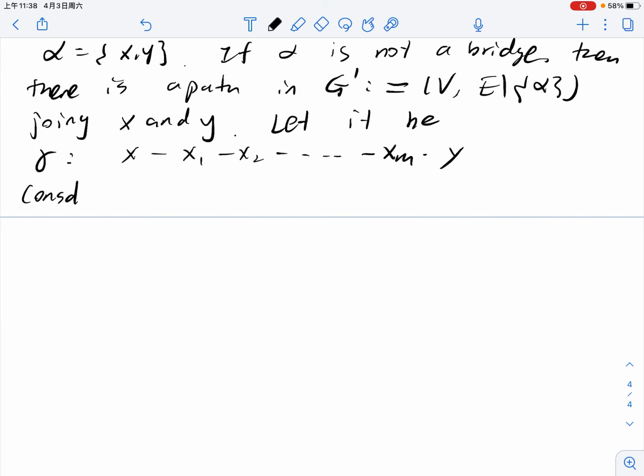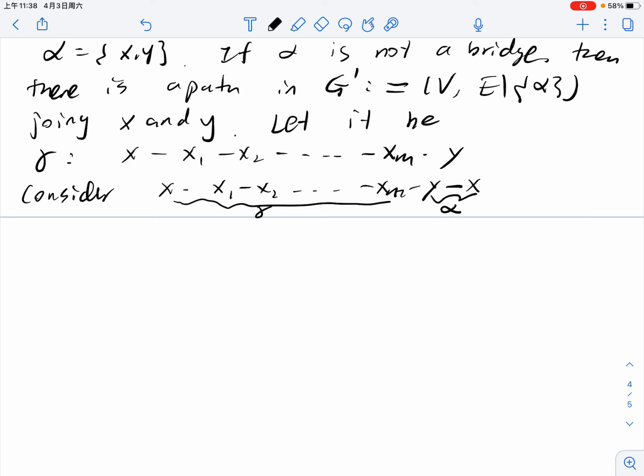Then consider x, x1, x2, and so on, xm, y. This is gamma. And then you add alpha to it. Then this is a cycle, which is a contradiction.